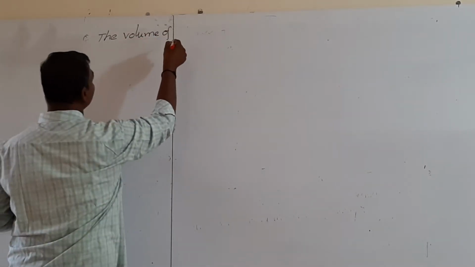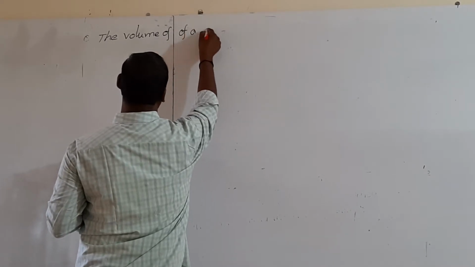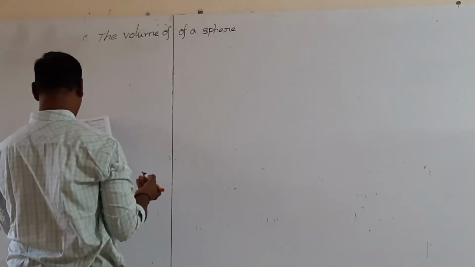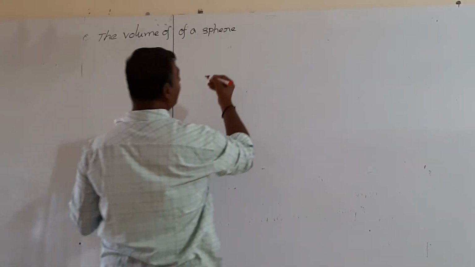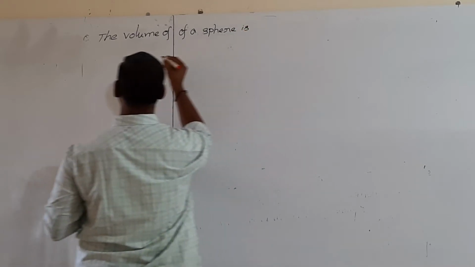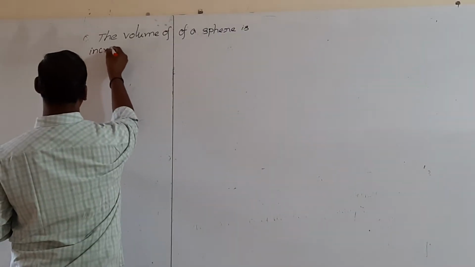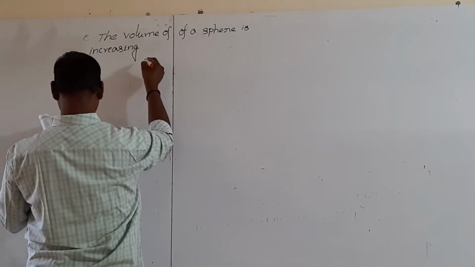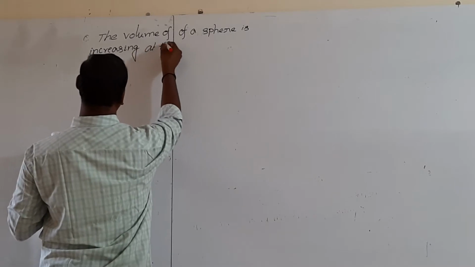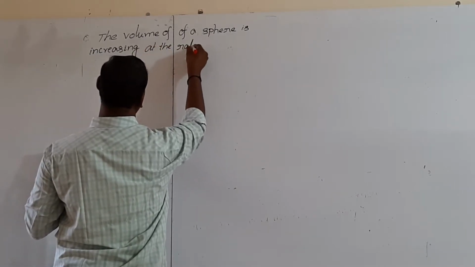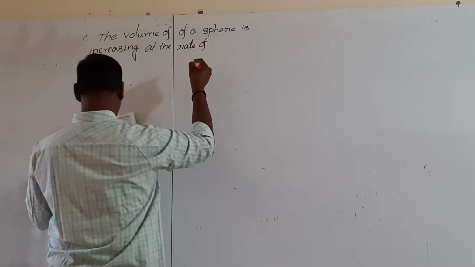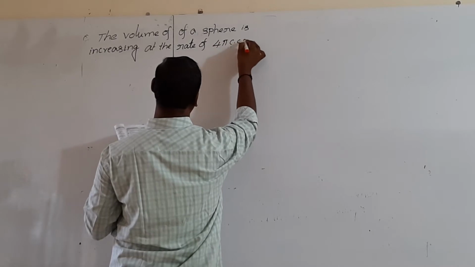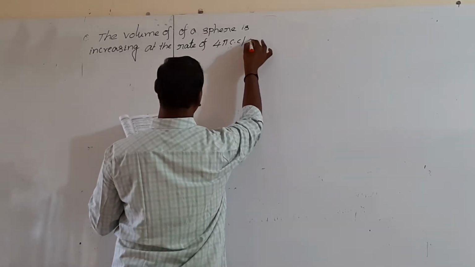The volume of a sphere is increasing at the rate of 4 pi cubic centimeter per second.